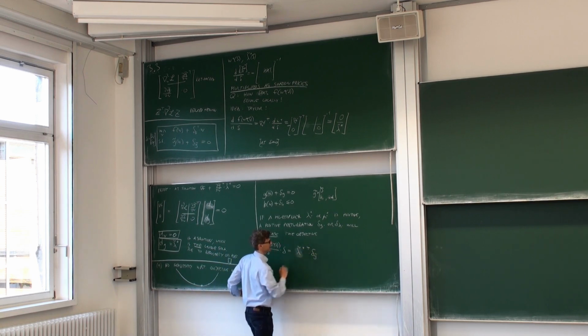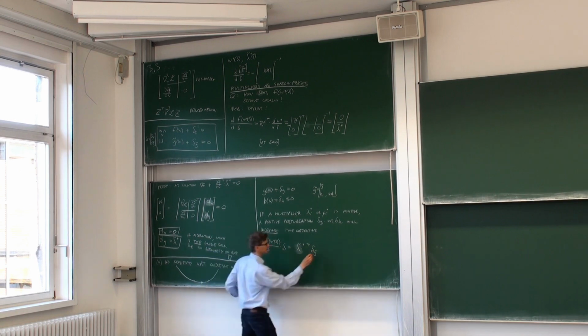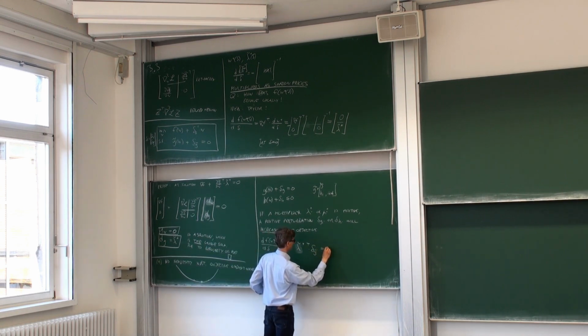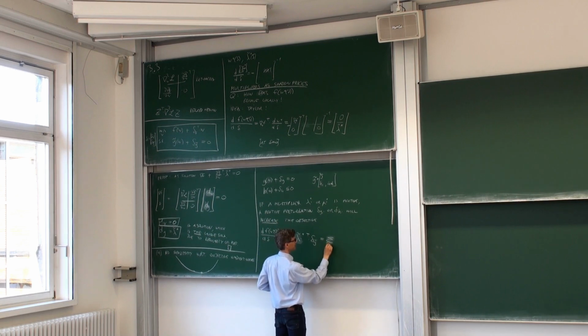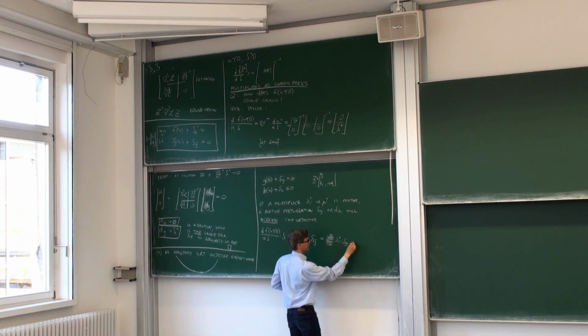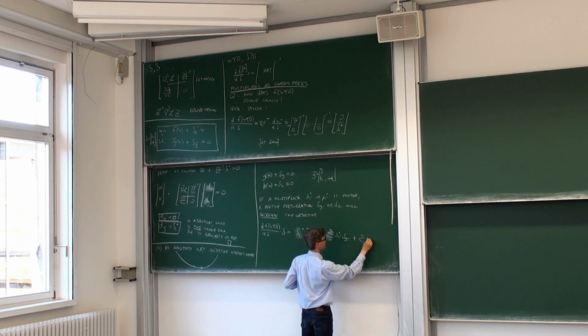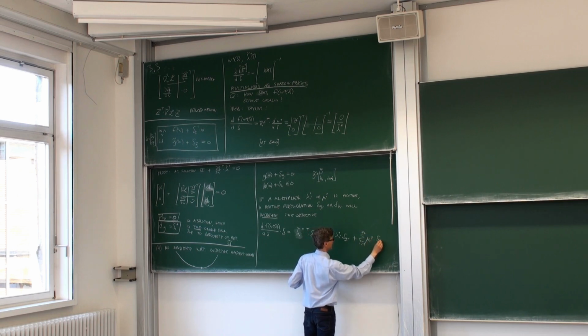It's only the constraints. I think this is the right way to express it. It's the sum from 1 up to n g of lambda star i d g i plus the sum of all the mu i from 1 to n h times d h i.